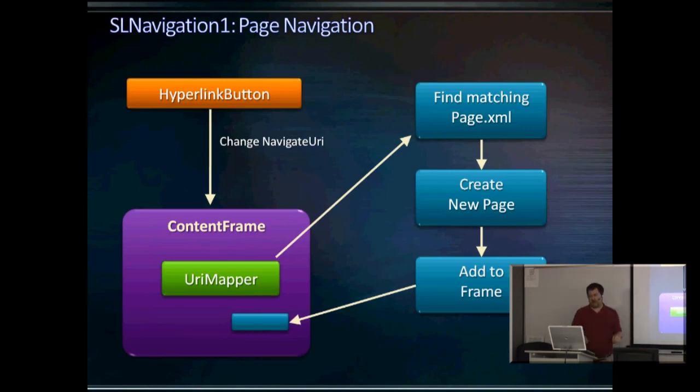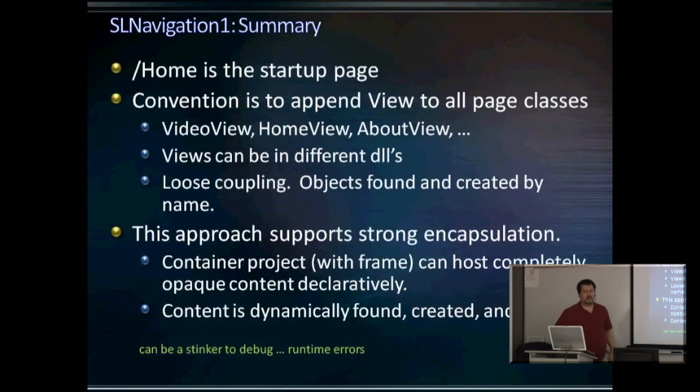Inside the system, we're going to search your XAML in locations and say, hey, do I have XAML of the right form in the right place? And if it's a different DLL, it says, we'll find it in that right DLL. We can get that spec, create the page, add it to the frame, and away it goes. So you notice this is very decoupled, very independent. So I don't care about that stuff right now, but it's very good in terms of loose coupling.